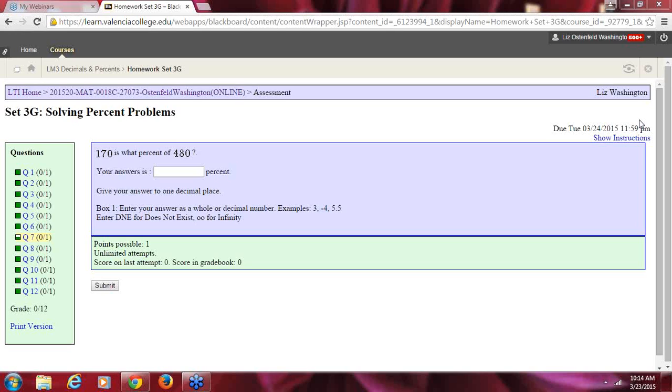3G, number 7. Okay, so 150 is over. So it does, okay. Oh, maybe because I didn't actually write 1 decimal, I just wrote a whole number.